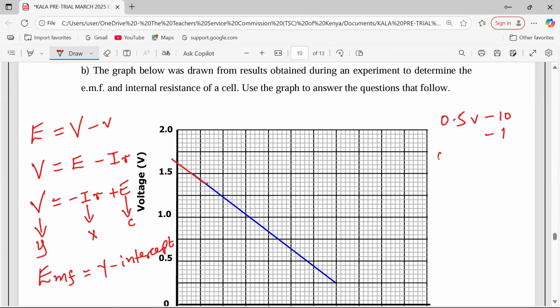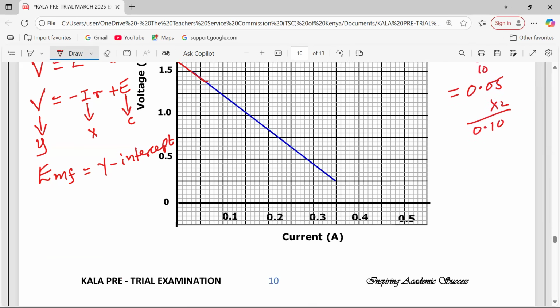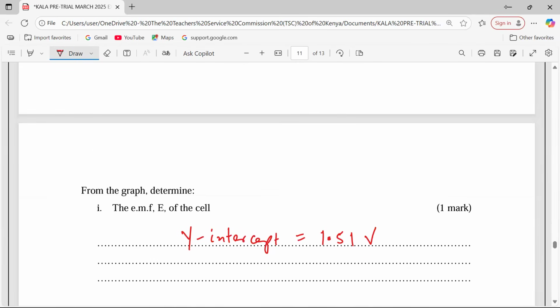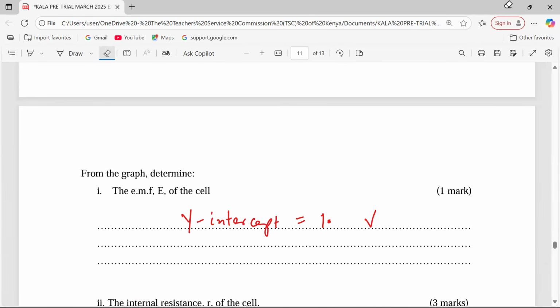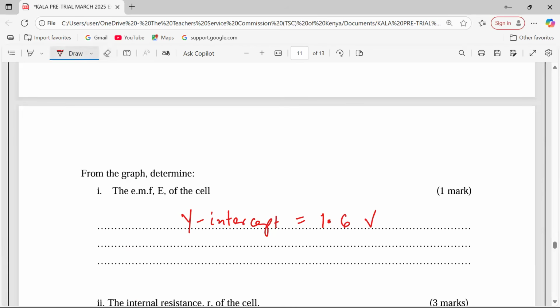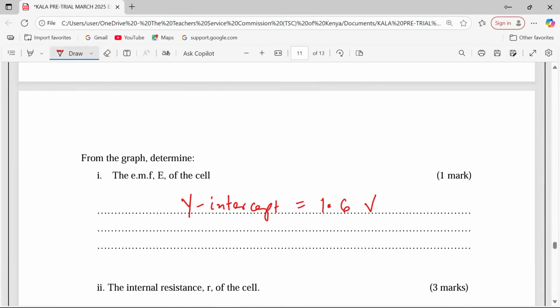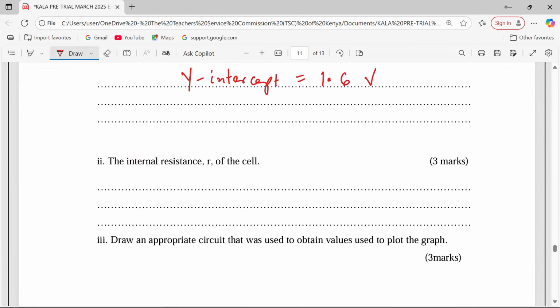It is 0.5 times 1/10, so one small unit is representing 0.05. Then we multiply 0.05 by 2, which becomes 0.10, and therefore this is 1.6 volts. That is now the EMF of this particular cell.